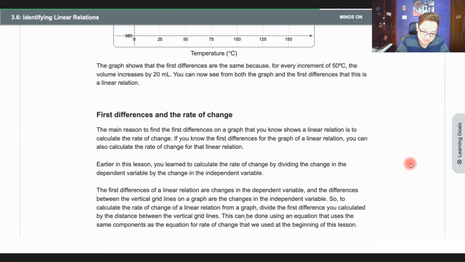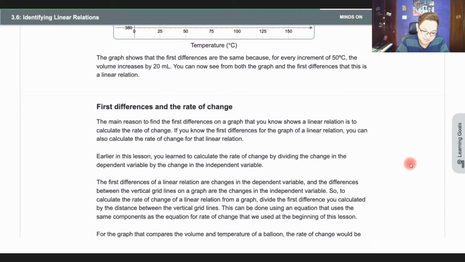This can be done using an equation that uses the same components as the equation for the rate of change that we used at the beginning of this lesson.